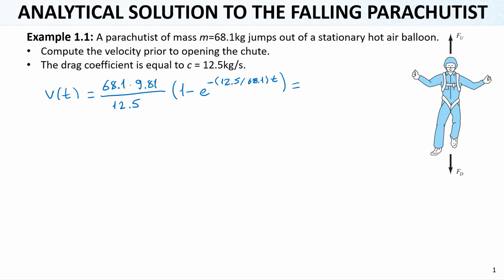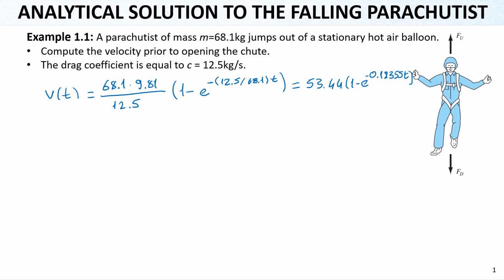If we make the multiplications, it becomes 53.44 times (1 minus e to the power of minus 0.18355 t). This is the mathematical formulation to find the velocity.